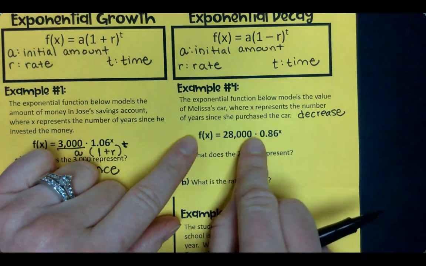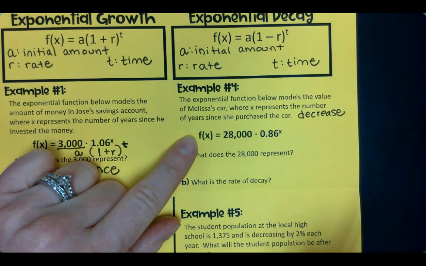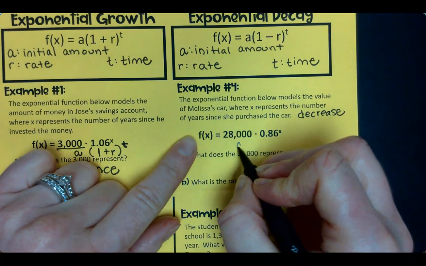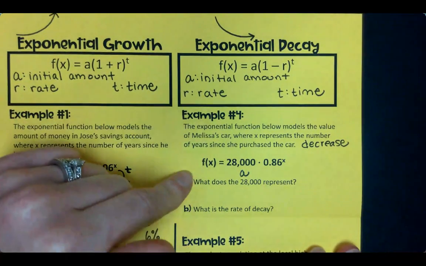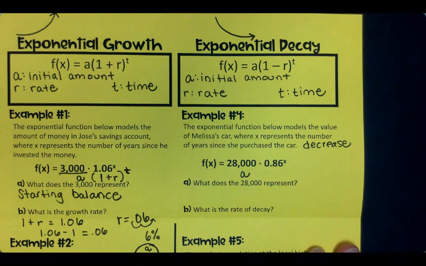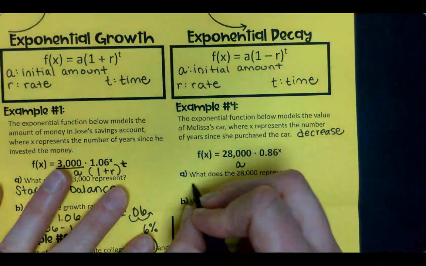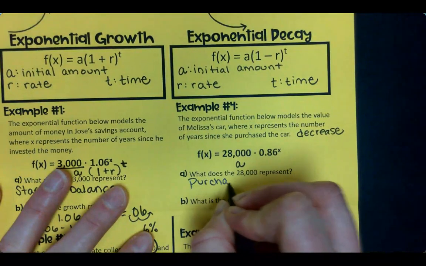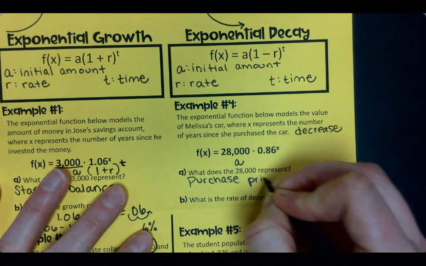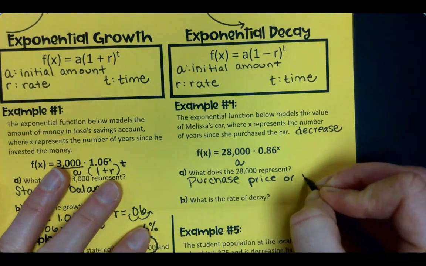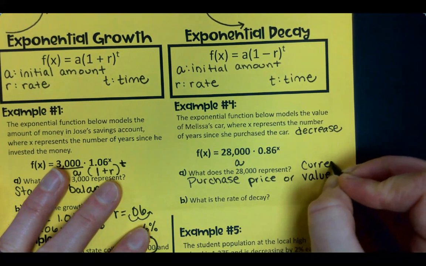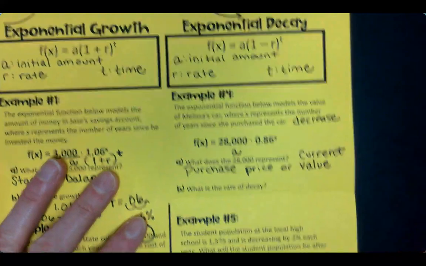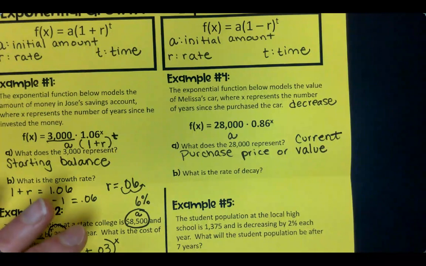So what does the 28,000 represent? That's your A. A is the initial amount. But in this situation, she's buying a car. So what does 28,000 represent? Purchase price, or it could be the current value.